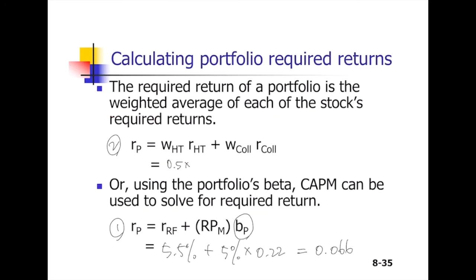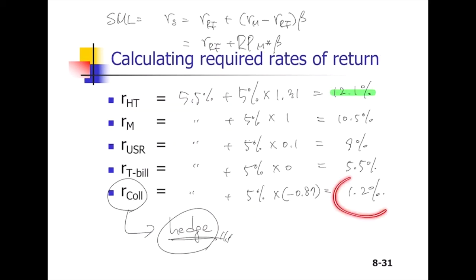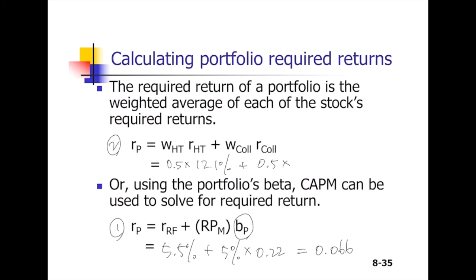So you write down that equation, that number, and 0.5 multiplied by this number, right? Yeah, our required rate of return of the collection agency is 1.2%. So input the number 1.2%, and you get the same result as this.